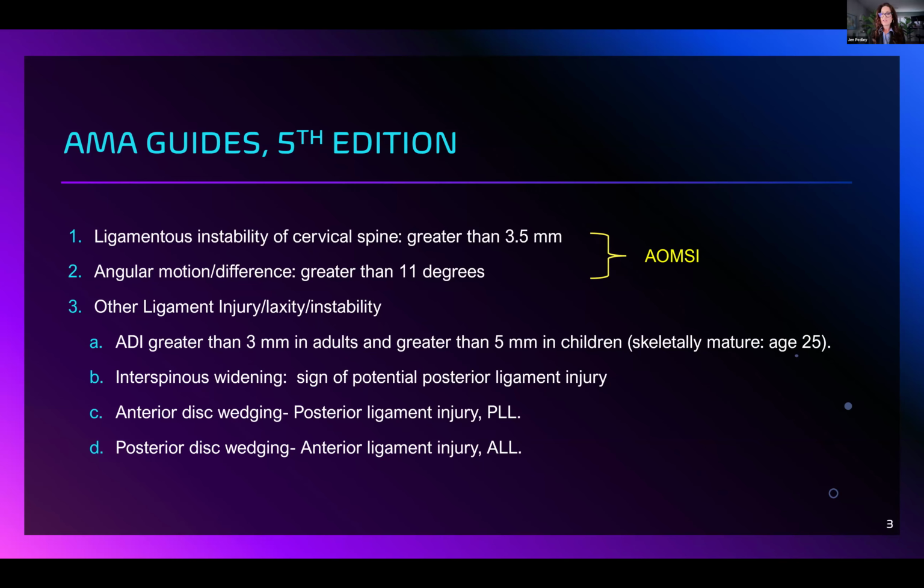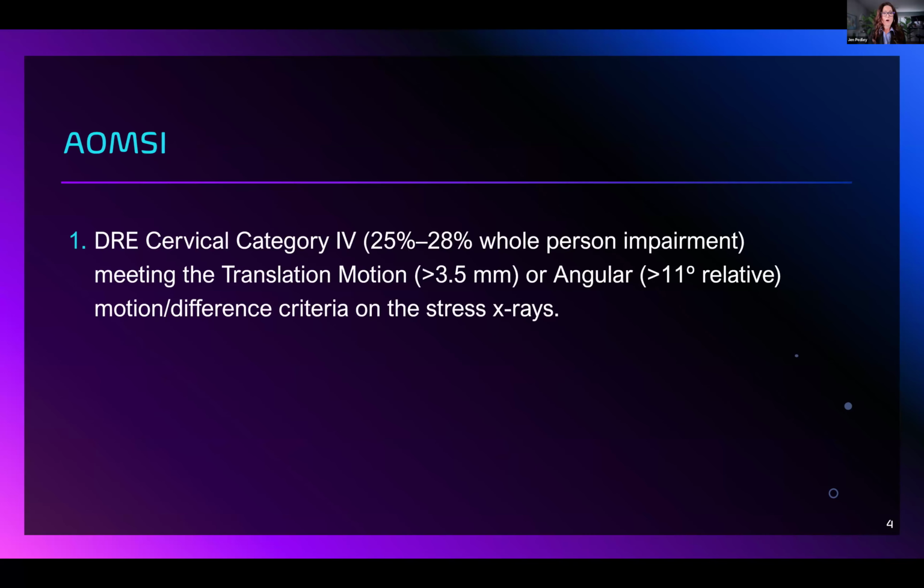And then lastly, the anterior and posterior disc wedging on your flexion and your extension x-rays. If we're seeing abnormal wedging, that's an indicator of injury to the posterior longitudinal ligament and/or anterior longitudinal ligament. So we're going to be going through each of these categories and showing some x-rays to go along with this.